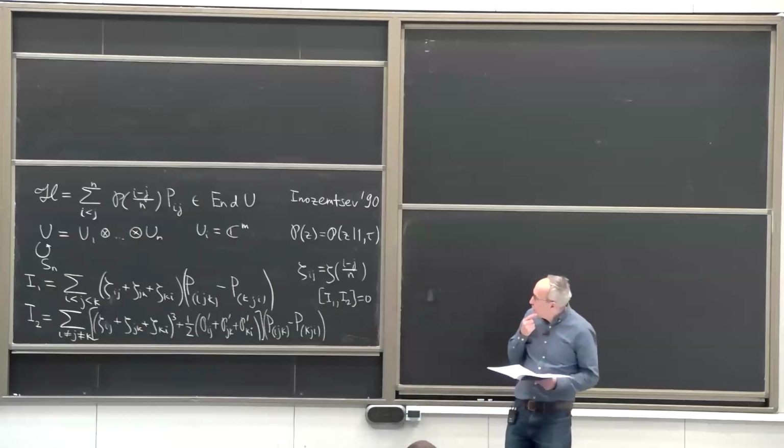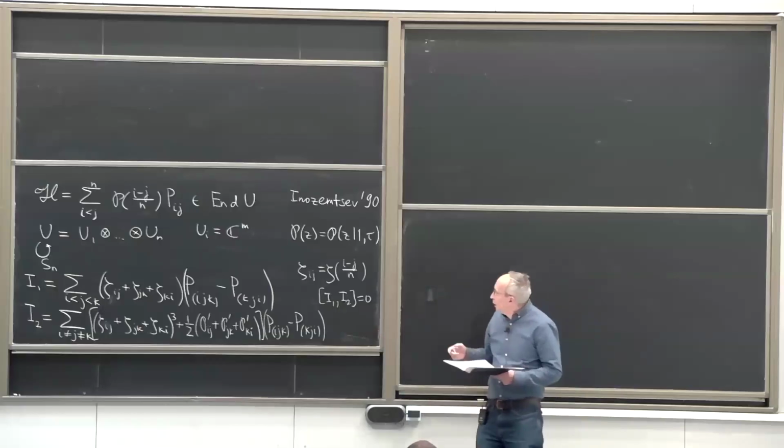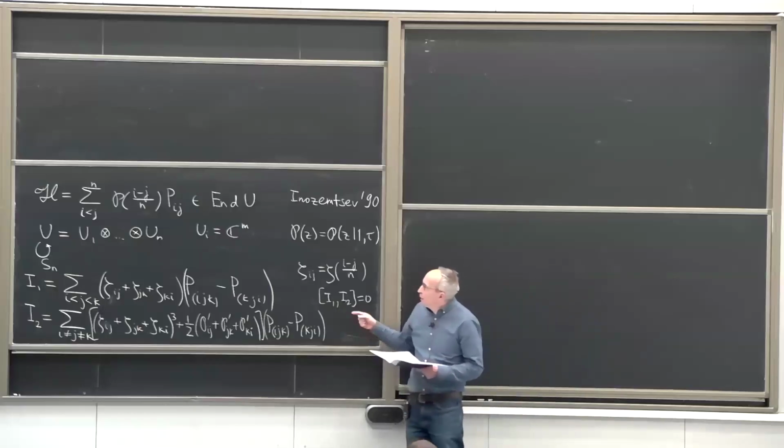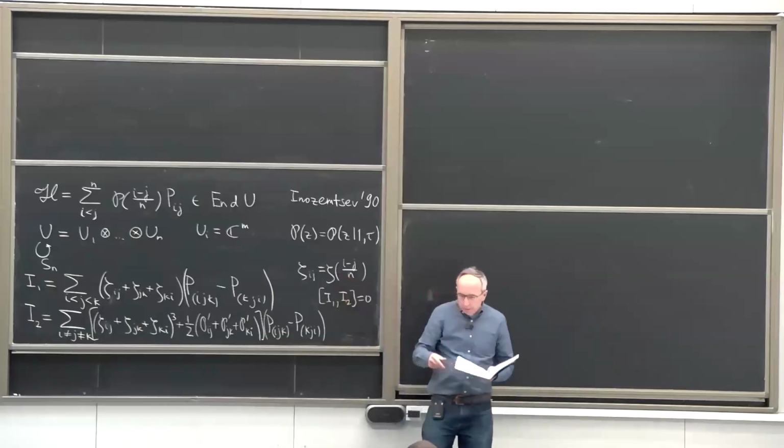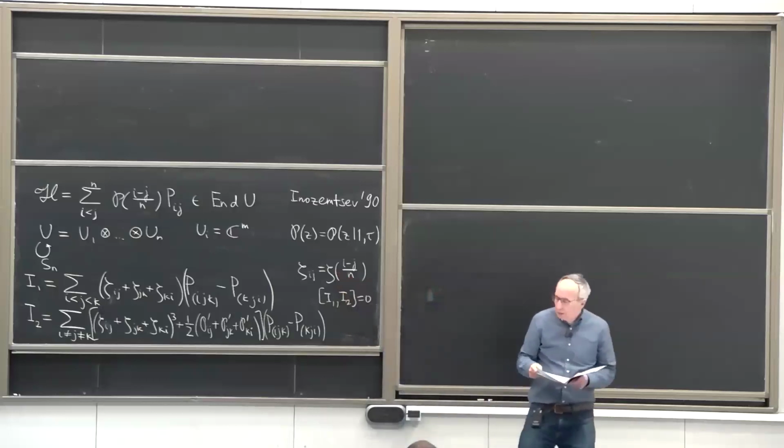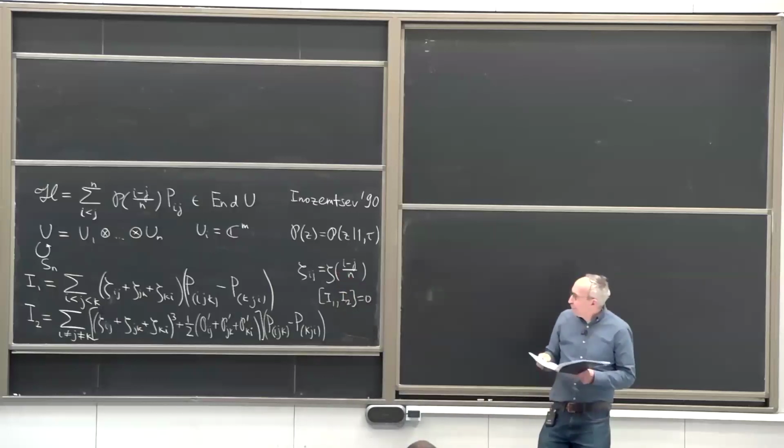Inozemtsev, in one of the papers, I think around 2003, introduced an infinite sequence of these I's by some sort of complicated recursive formula. As far as I understand, he proved that they all commute with H, but could not do anything about their mutual commutativity.